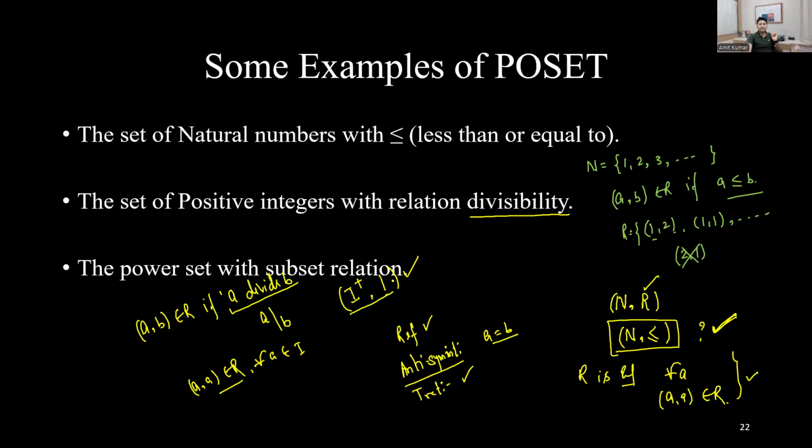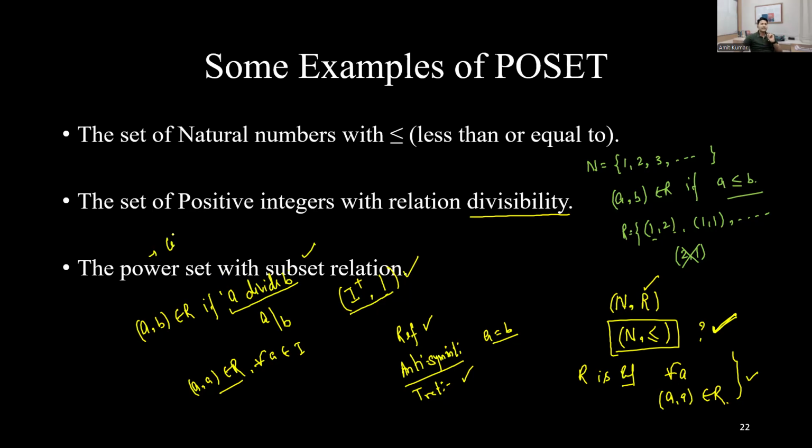One more example: the power set with the subset relation. Now, in this example, we are supposed to check the power set, and the relation is subset. That means (A, B) belongs to R if A is a subset of B. What is a power set?